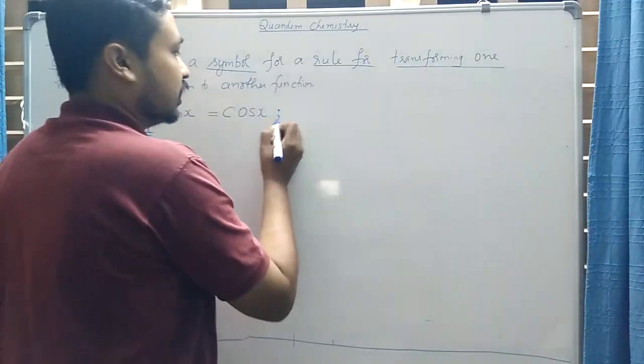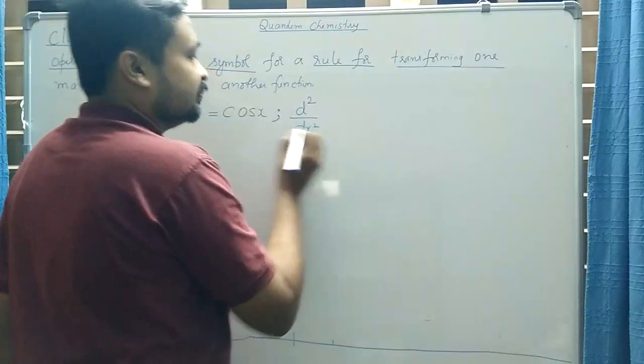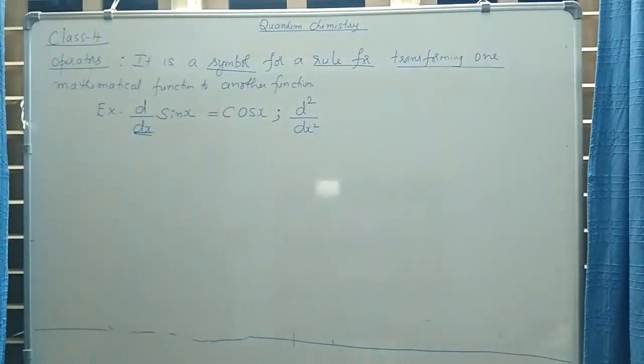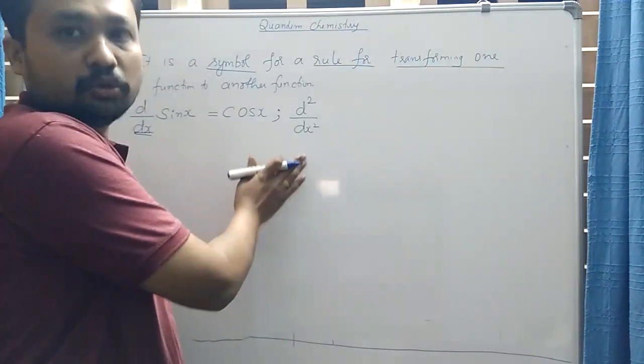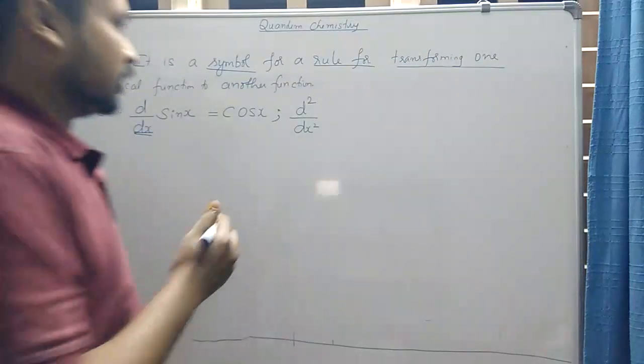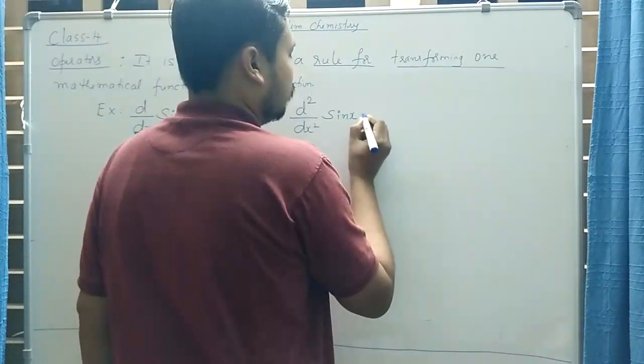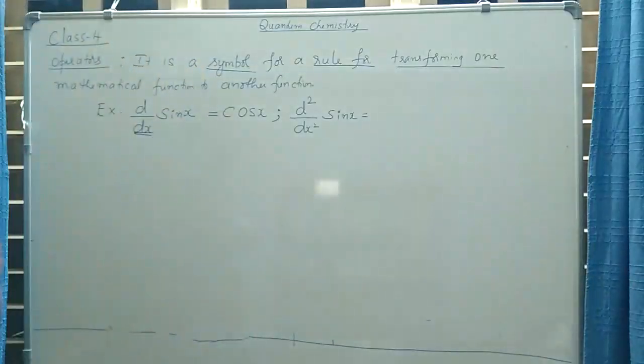Similarly, d square by dx square, the second derivative with respect to x, is also an operator. As I already told you, the property of an operator is that if it is written alone, it does not carry any physical meaning. It cannot do anything. But once I write a number or a function in front of it, again sin x, what will it immediately do?